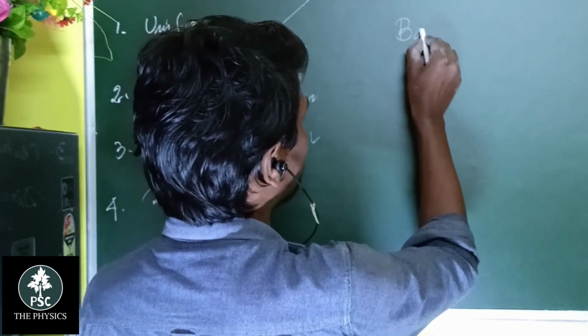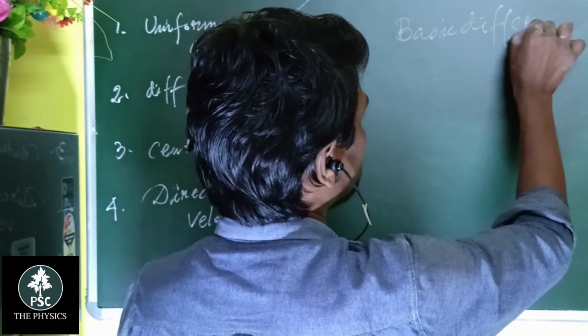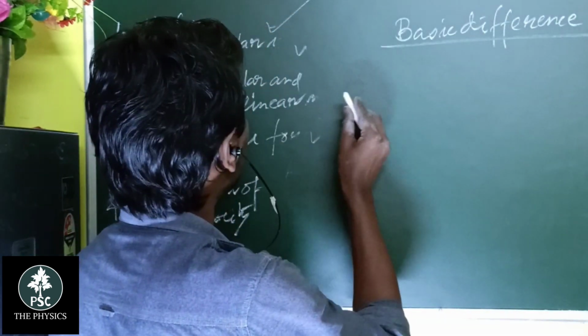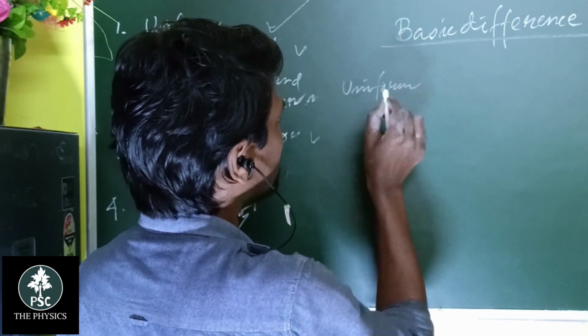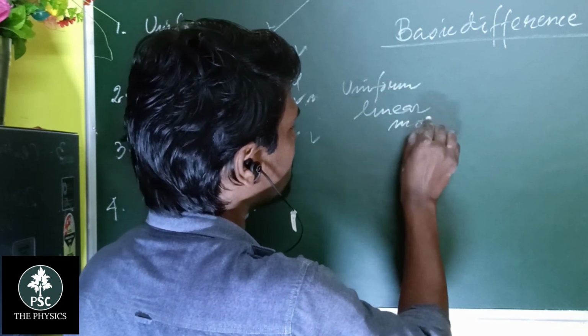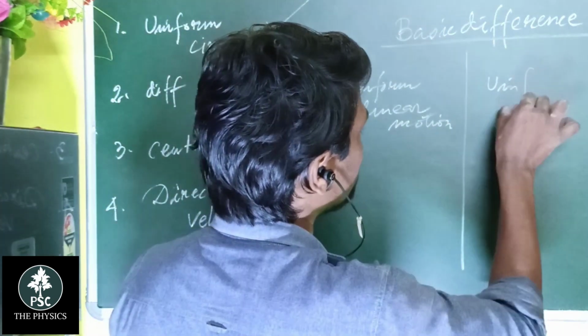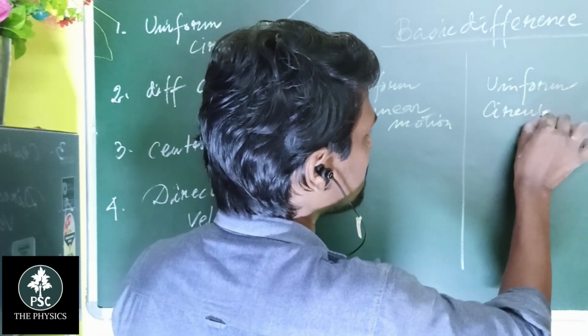What is the basic difference between uniform linear motion and uniform circular motion?